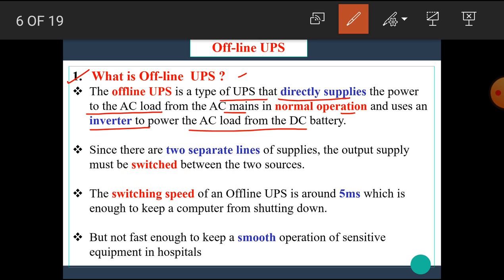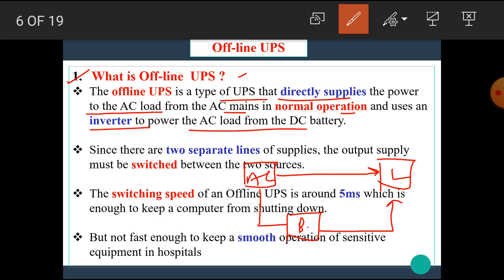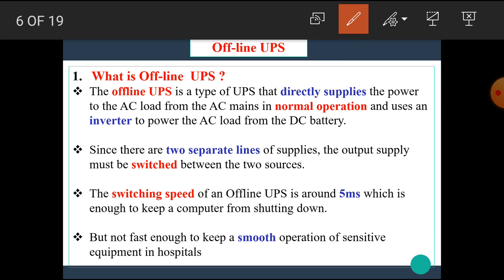That means in normal operation, the offline UPS directly supplies the power towards the load from the AC mains. Here, in normal condition, the AC mains charges the batteries, and when the power failure occurs, then this battery provides power towards the load. This is the basic concept of the offline UPS.